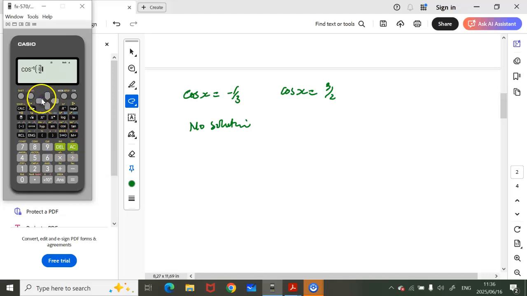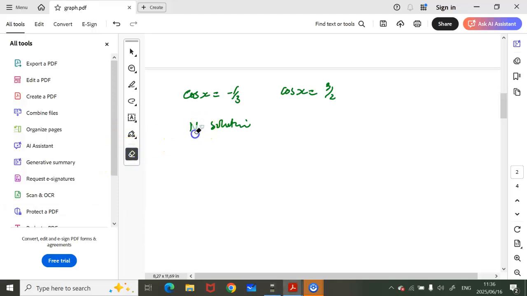Let me close the bracket there. Math error. So, okay, the no solution is here. I know one of them is supposed to be a no solution, so the no solution is here.